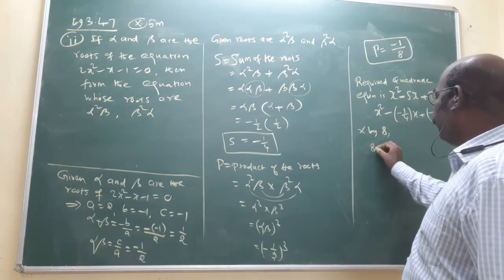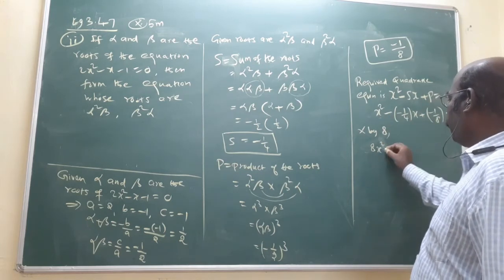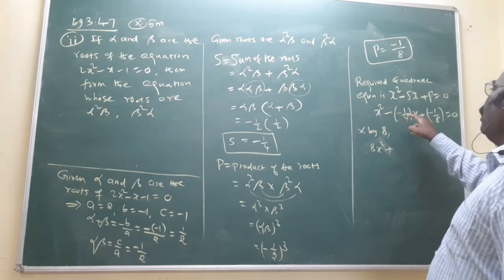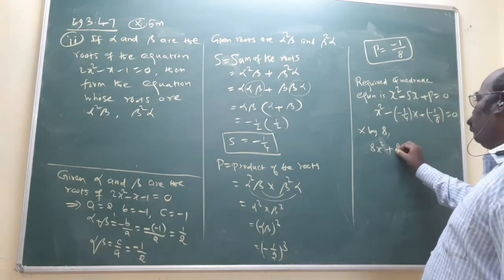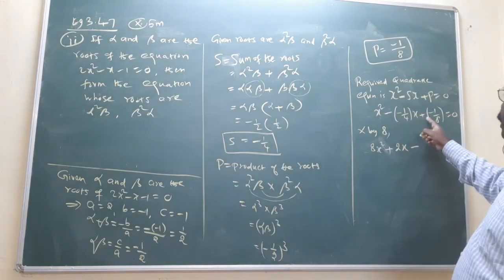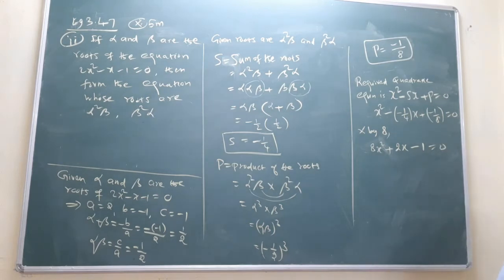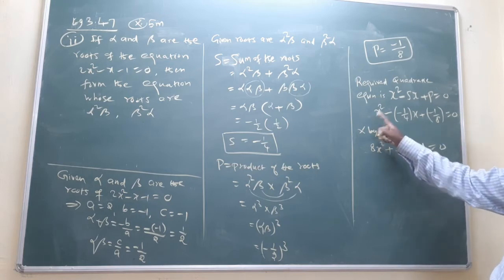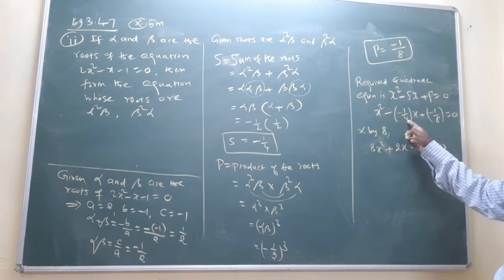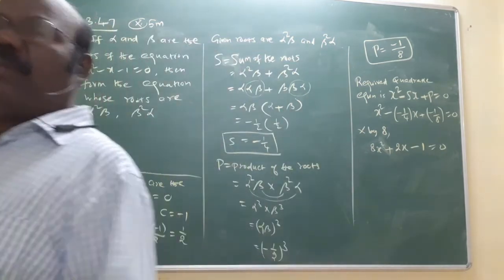Now 8x square plus 8 into 1 by 4, that is 2x, minus, since 8 into 1 by 8 cancels, 1. Multiplying by 8 means you must multiply every term. That is the answer. This type of question is important, 5%.